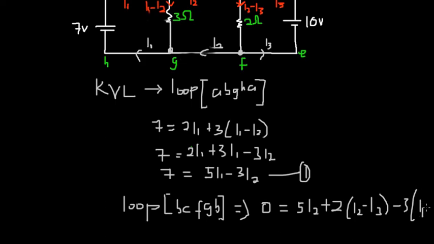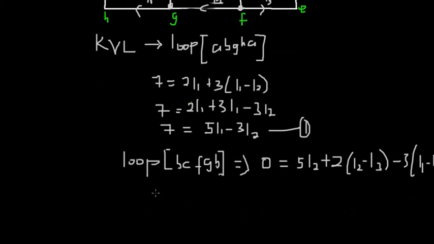Minus 3, and then we have I1 minus I2. Now let's simplify this further. So this will give us 0 equal to 5I2 plus 2I2, and then minus 2I3, and then minus 3I1, and then plus 3I2.